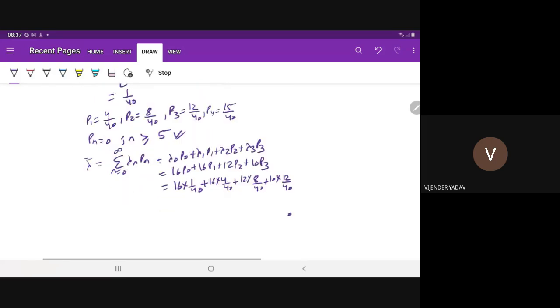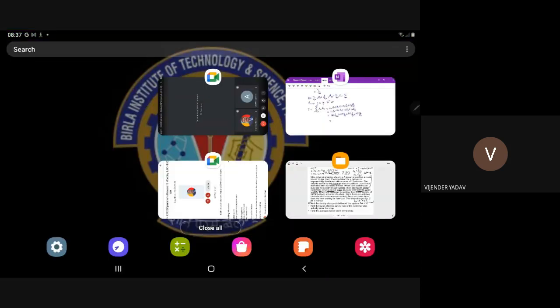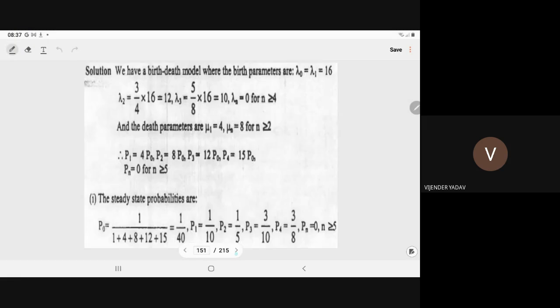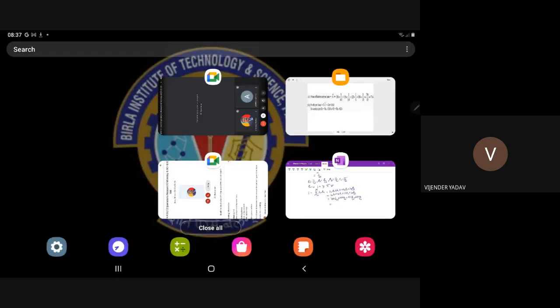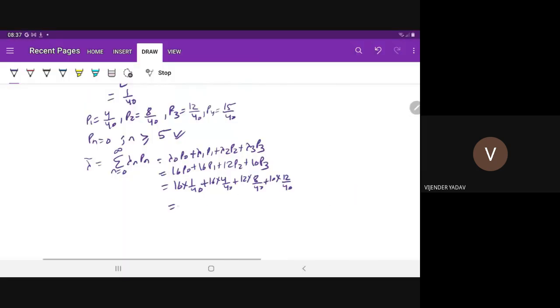So here effective arrival rate will come 7.4. You can see it is less than 16. So whenever we have any type of hindrance, the effective arrival rate will always be lesser than the actual one. These customers are actually joining the system.